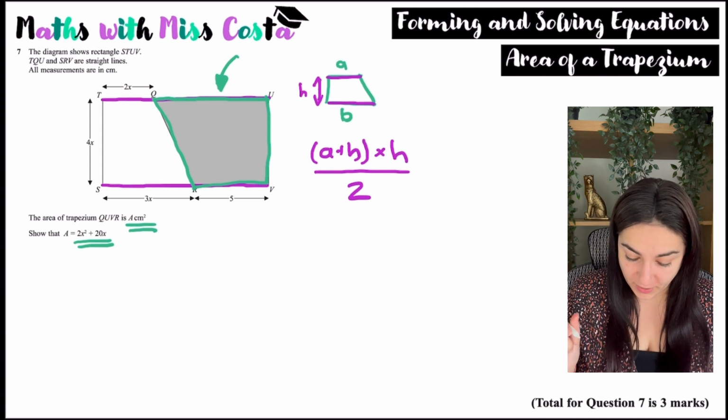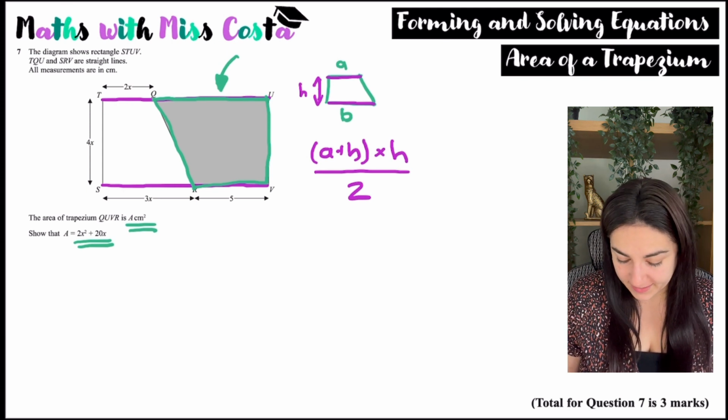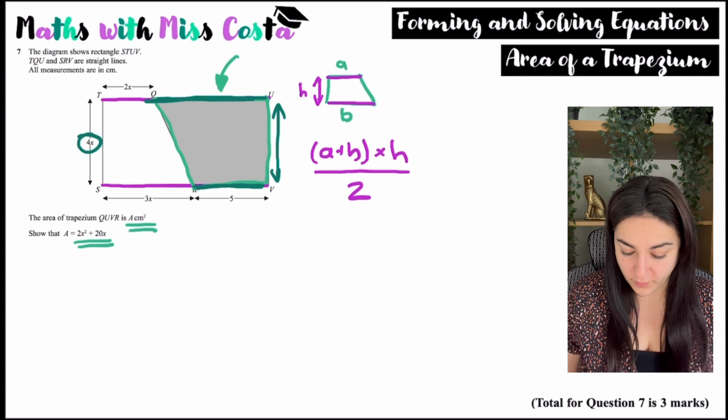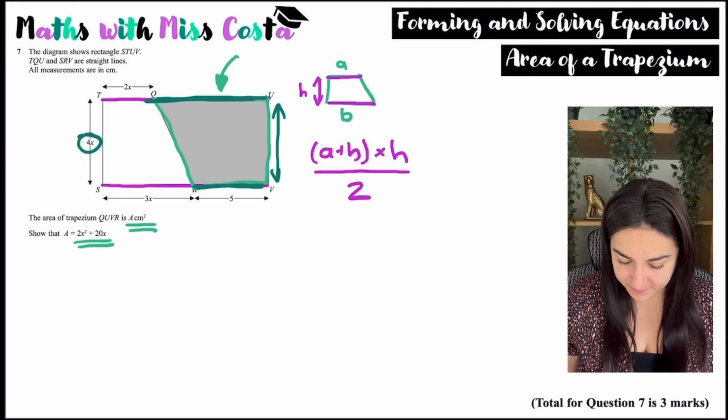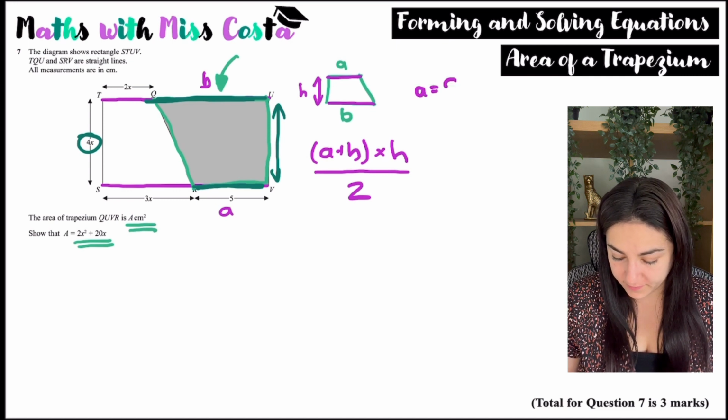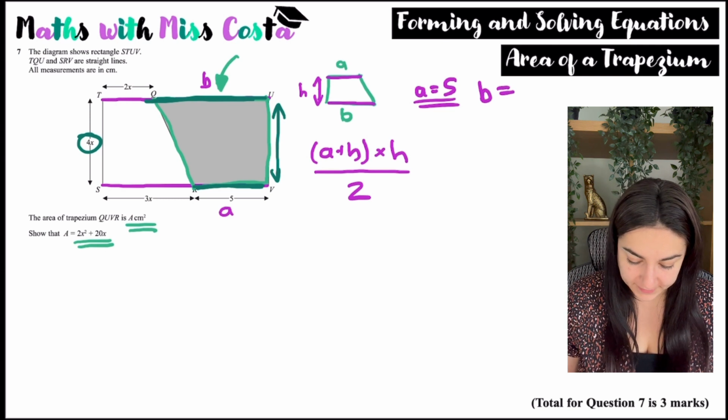So all I need to figure out is the length of A and B, the two parallel sides over here, times it by the height, which I know over here because it's 4x on the other side, and then divide it by 2. If I call this A and this B, just because it's the shorter side, I know that A equals 5 because it's a given. I then need to work out what B equals.